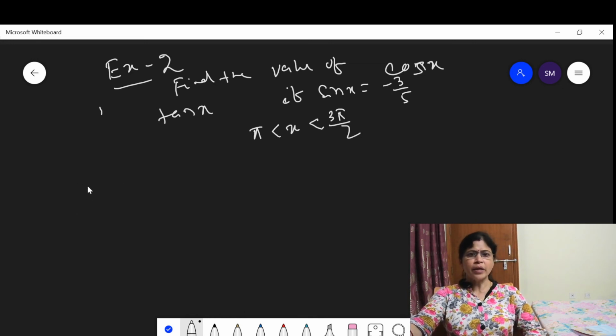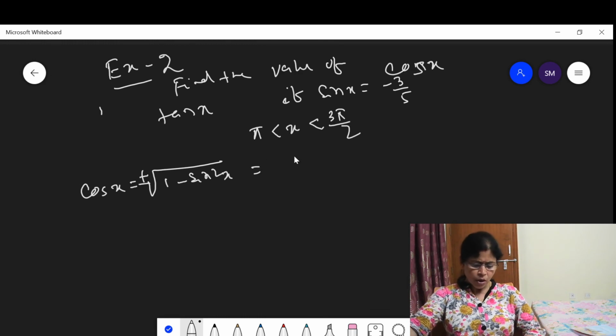Now let us find out the value of cos x. Cos x is equal to plus or minus square root of 1 minus sine square x. As we have to find the value in the third quadrant, the cos value will be negative.